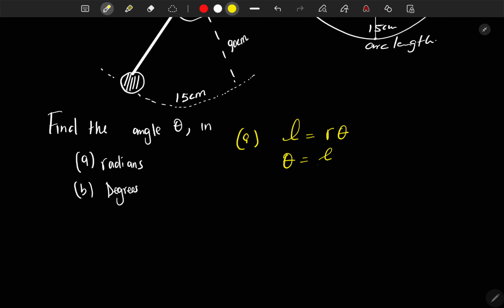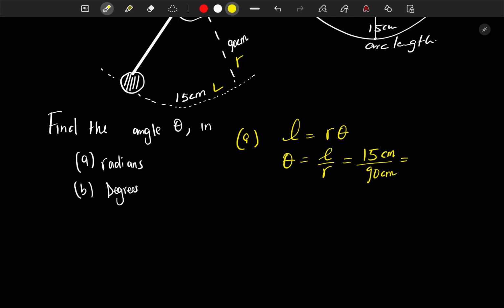So we're going to say theta equals L over R. Our L is here, and our R is there. So we are just putting L as 15 centimeters, and here we've got 90 centimeters. All right, so centimeters cancel.